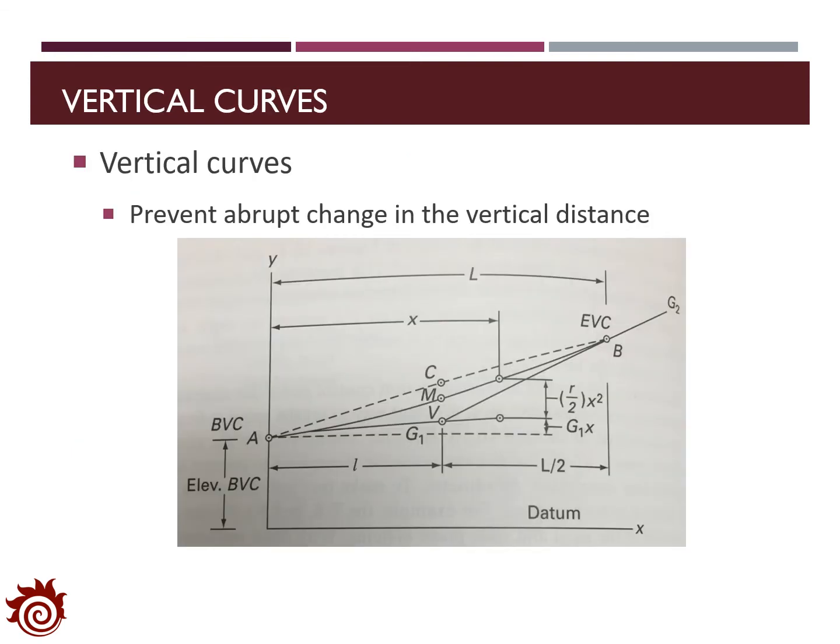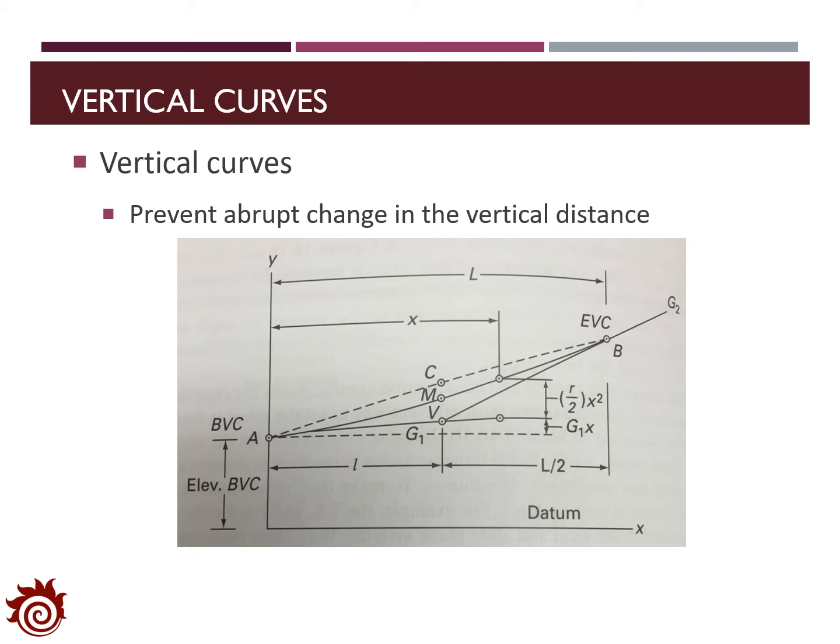The design of the vertical curve is another important component of road surveying. We know that in reality, the elevations at different locations of the road will be different. So the segments on the road will have different slopes. In order to prevent the abrupt changes from one segment to another segment with a different slope, we need to introduce the vertical curve to build the connection smoothly.